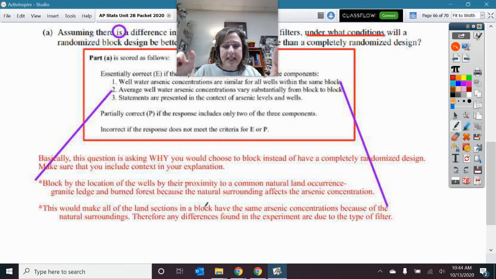Same thing, the ones by the burned forest have the same baseline arsenic in them. Therefore, any differences that we would find are due to the filter. And so that's answering this question: the water arsenic concentrations are similar for all the wells in those blocks.